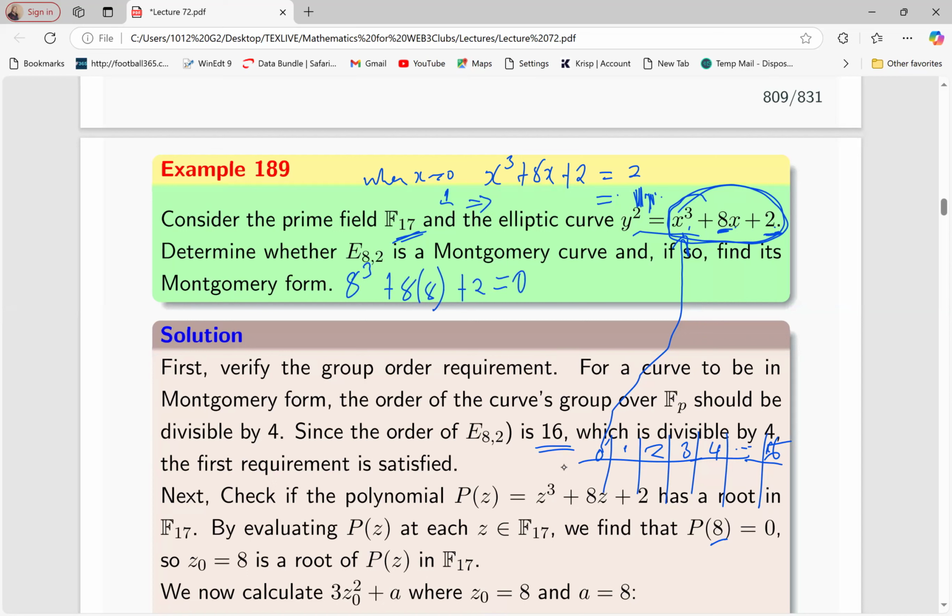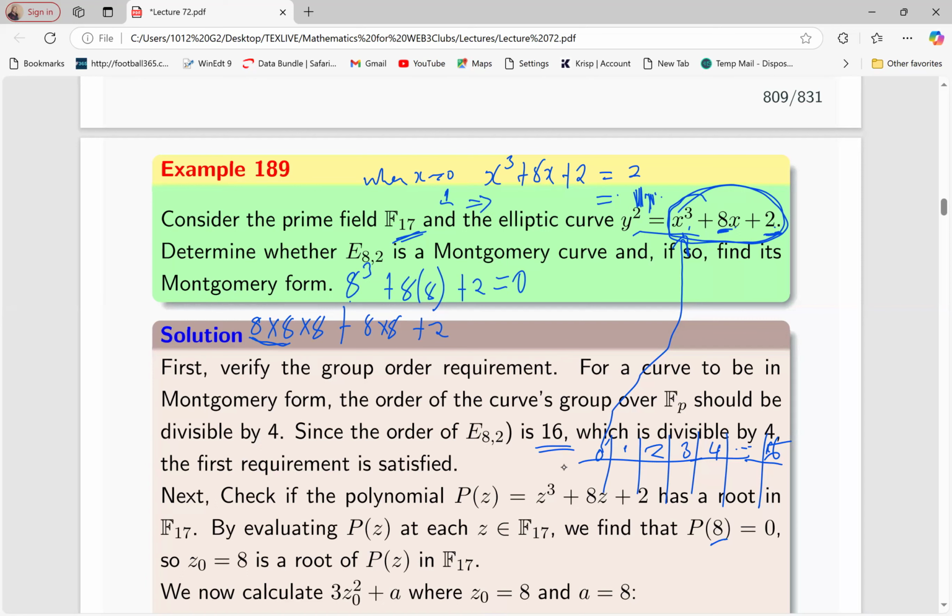You can see that 8 cubed, that is what I'm doing, then plus 8 times 8 plus 2, gives me 0. How? You can see this is 64. 8 times 8 is 64.